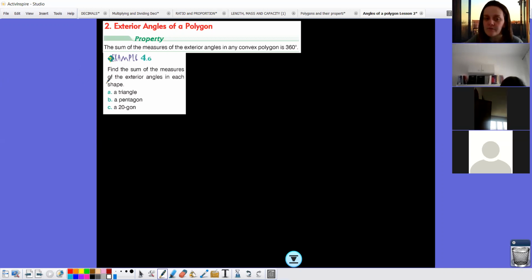So for the sum of the exterior angles in each shape, you can say directly: a triangle, 360 degrees; a pentagon, 360 degrees; a 20-gon, 360 degrees. You don't have anything else here.